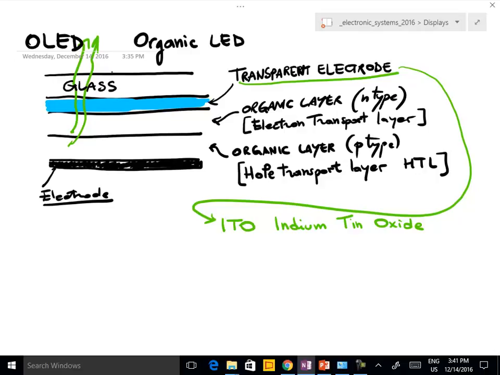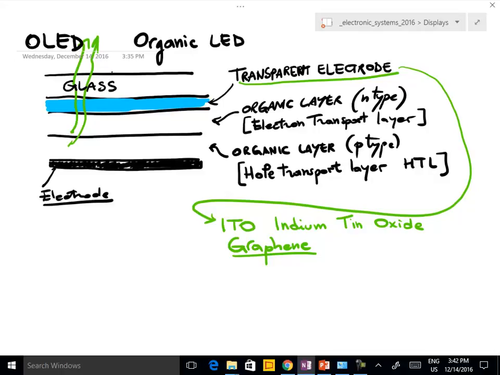So typically indium tin oxide, and most recently, but not yet in commercial products, graphene is also used as a transparent electrode. Because graphene is a material which is conducting, but is also practically transparent.